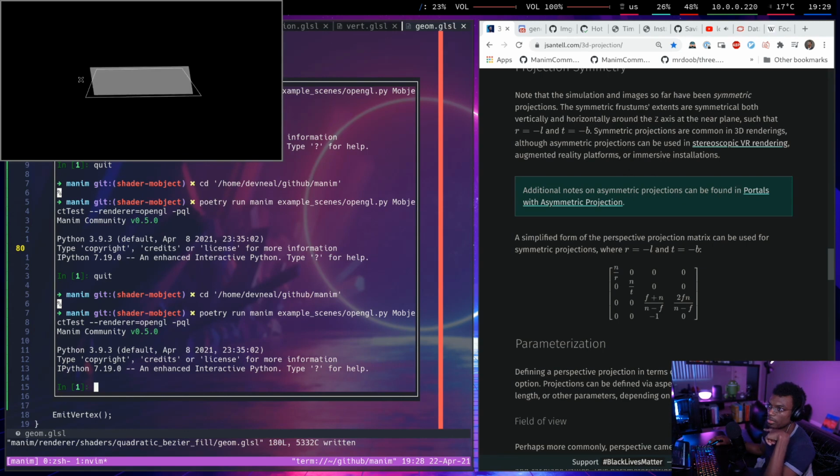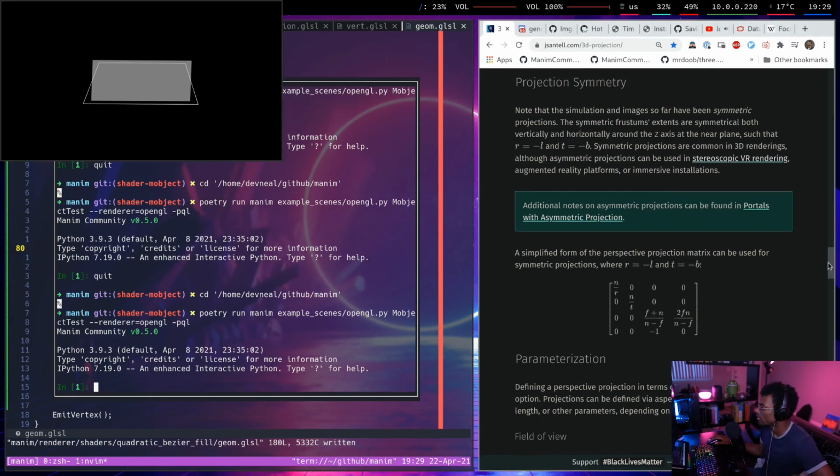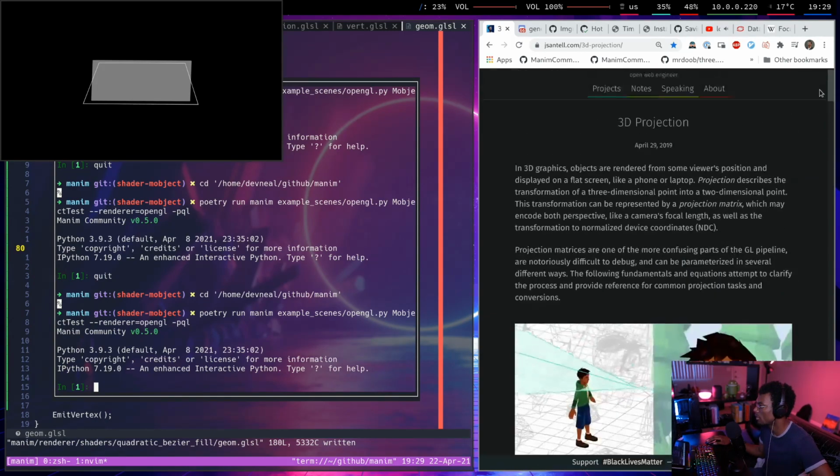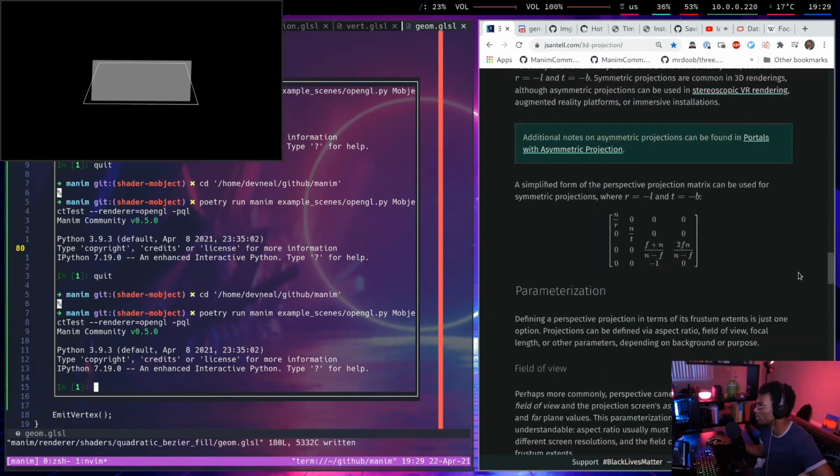It's kind of hard to tell with one of the squares being transformed and one not. I think that is eliminating perspective. I wonder if I could get this to work with an orthographic matrix. Maybe it'll make more sense that way.